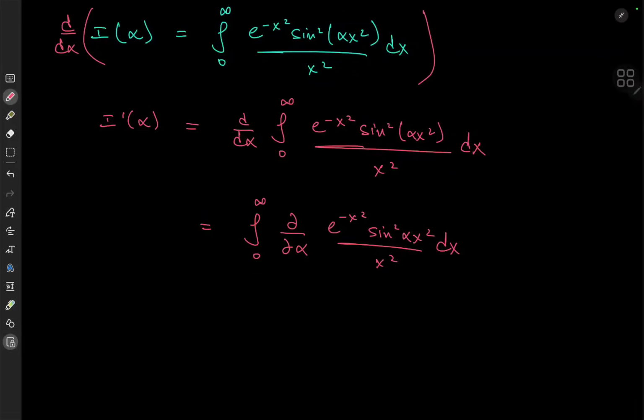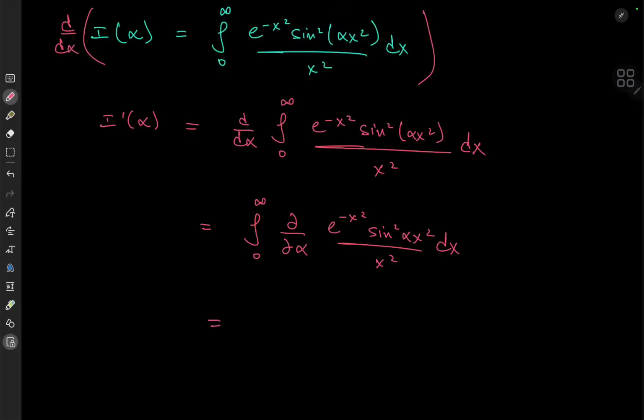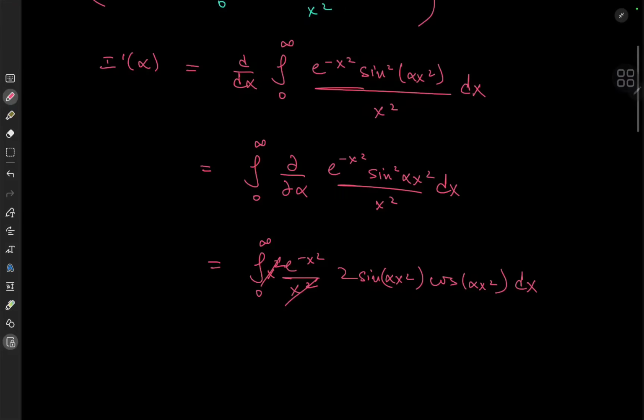Now, of course, we're differentiating partially with respect to alpha, so we can ignore the x terms for differentiating anyway, and we have the integral from 0 to infinity of e to the minus x squared over x squared times, differentiating the sine yields 2 sine of alpha x squared due to the power rule. We have a cosine term that's the derivative of the sine function. And because of the chain rule, we have to differentiate alpha x squared with respect to alpha, of course, yielding another x squared term over here, which cancels out with that pesky x squared in the denominator.